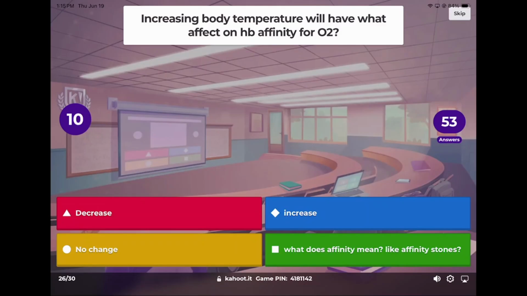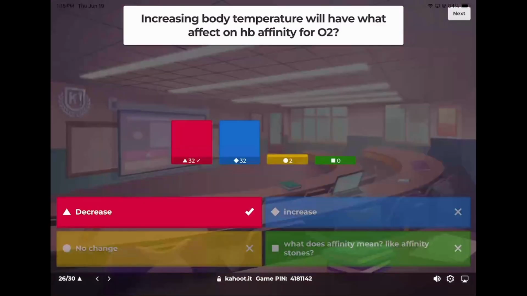Don't pick the green one, please. Okay, let's walk this one through. First of all, what does affinity mean? How tight it's going to love that molecule and hang on to it.